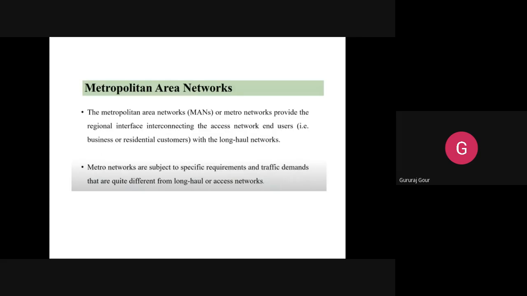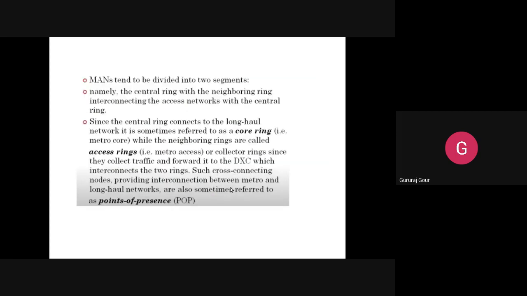Next comes MAN, where it is going to connect different residential regions or business regions. These networks are subject to specific requirements and traffic demands that are quite different from long haul or access networks.